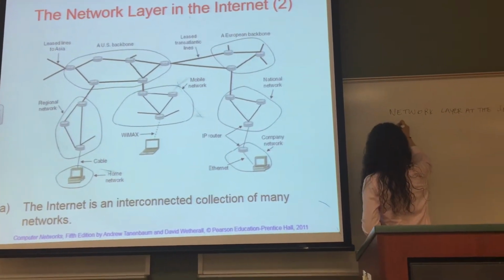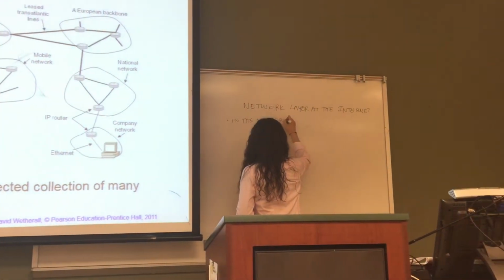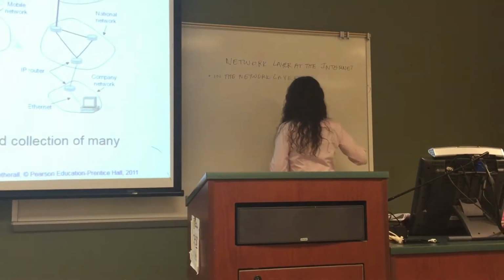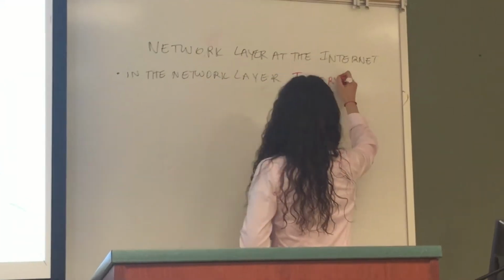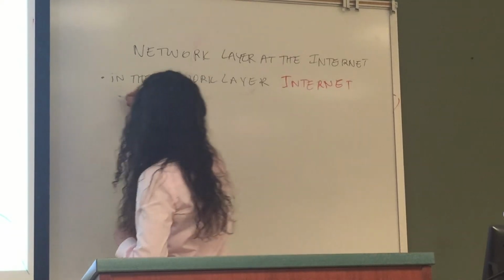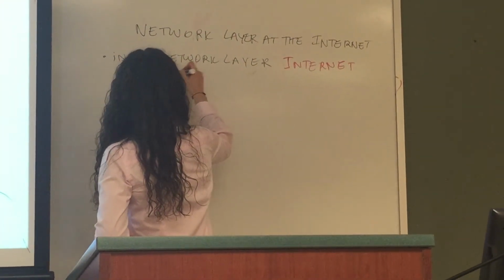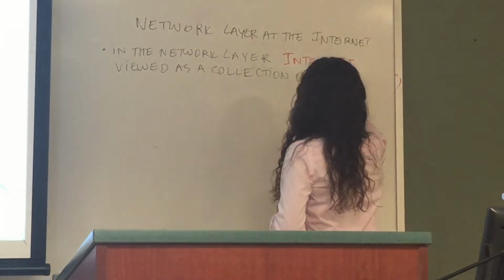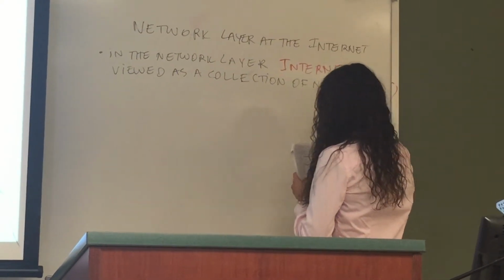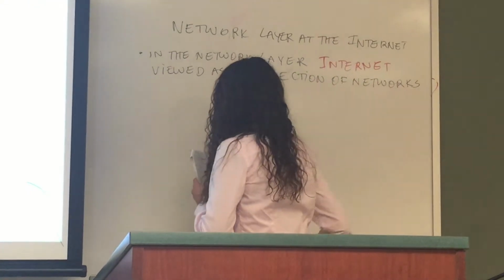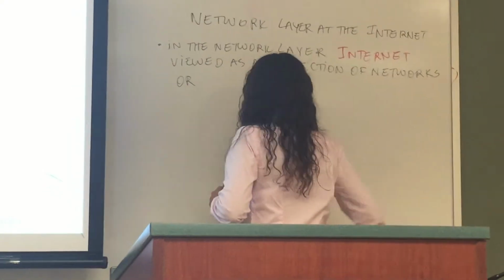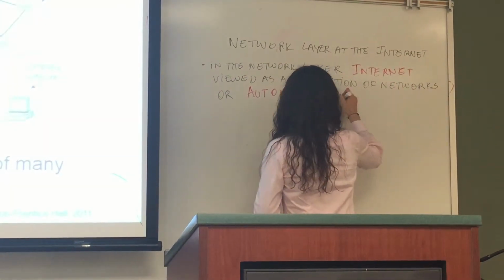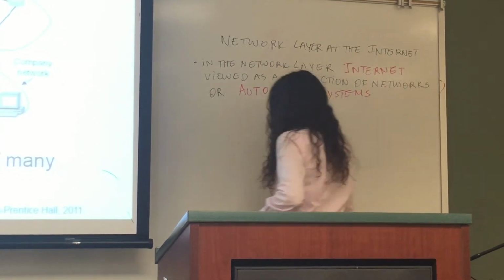So in the network layer, internet can be viewed as a collection of networks also called autonomous systems, which are interconnected.